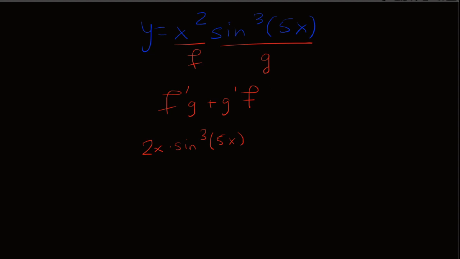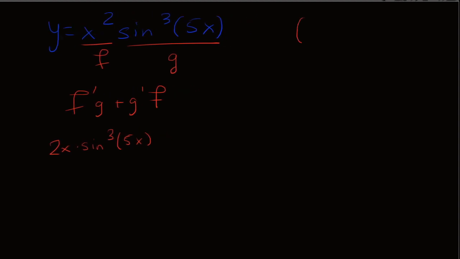So let's think of sine cubed 5x as like this. If I put it in parentheses, I think that would make it easier. So whenever you're doing the chain rule, you want to think about what is the outside function. So the outside is the cube part. You can think of it like x cubed.